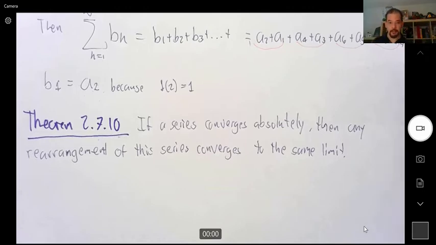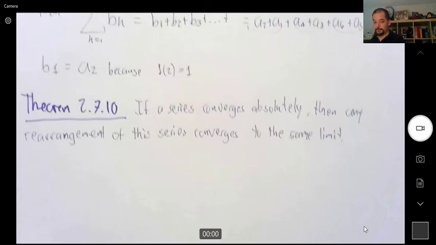Now, sometimes none of them work. There are very difficult series where you apply all of those tests and you still can't know. But if you knew it was absolutely convergent, then you can rearrange it if you want to. You can change the order and it will still work. That's what this theorem says.